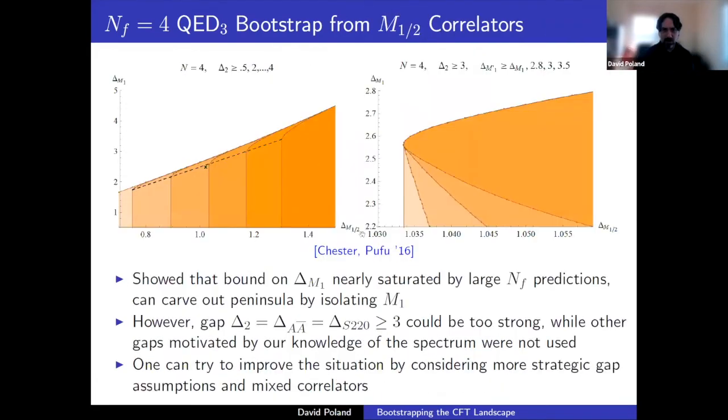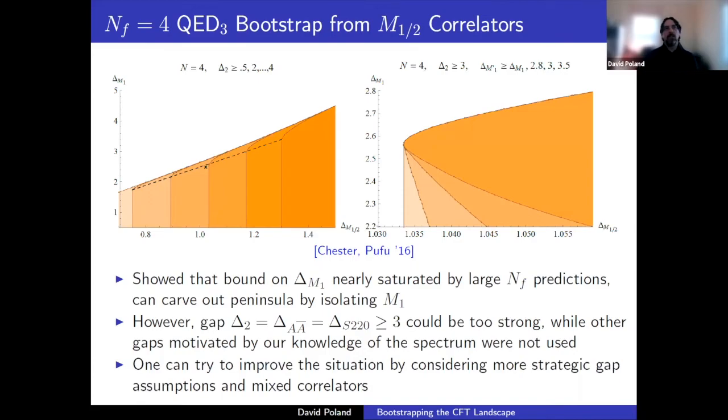One thing, in this work by Pufu and Chester, they computed similar plots for NF equals 2, 4, and 6. But why only the even ones? Is there any constraint that in a bootstrap you would have issues?